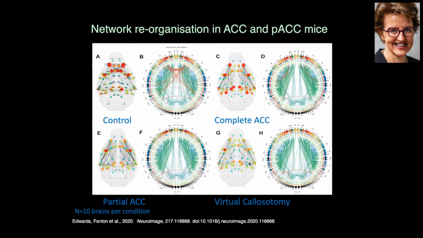And what you can see from this kind of analysis is that just removing those tracts that are crossing the midline does not give you the same kind of overall brain connectivity as complete agenesis. In fact, the nodes in each hemisphere really get much larger, and especially these caudal nodes here if you compare them with the control. And this is similarly the case that there's quite a lot of reorganization occurring in the animals with partial agenesis of the corpus callosum.